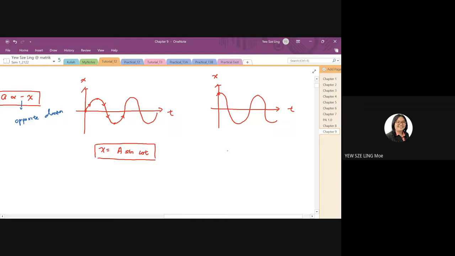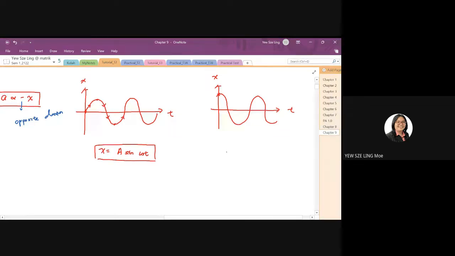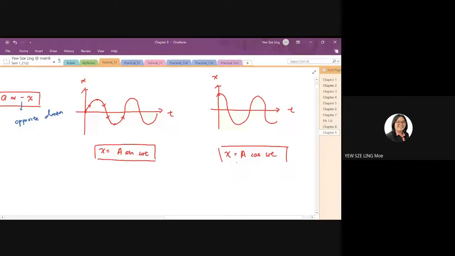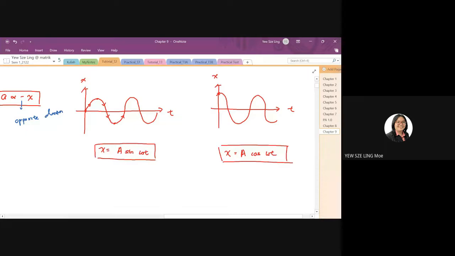In this case, the general equation we can use is x equals a cos omega t. So not always sine. Sometimes questions will give you a cos function as well, and then you just compare with the cos function here. This is the general equation. We have two general equations, one in terms of sine and one in terms of cos.